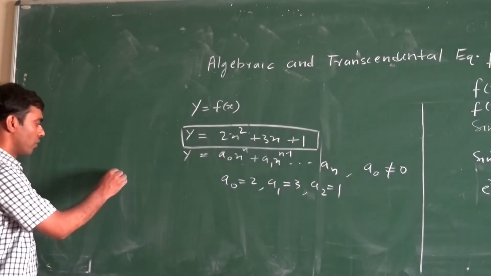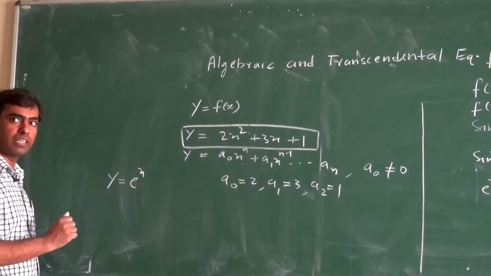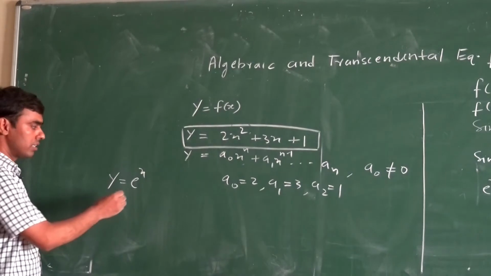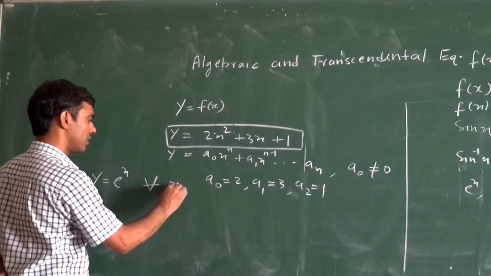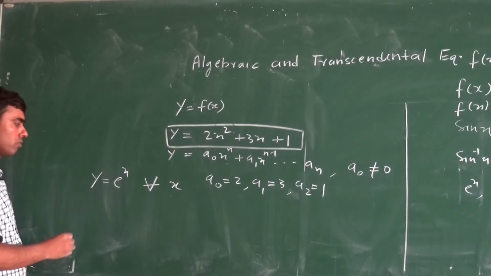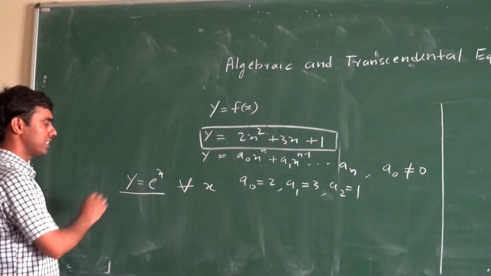because of y = e^x. In the case of y = e^x, it does not equal 0 for any value of x. So there is no solution of this equation.